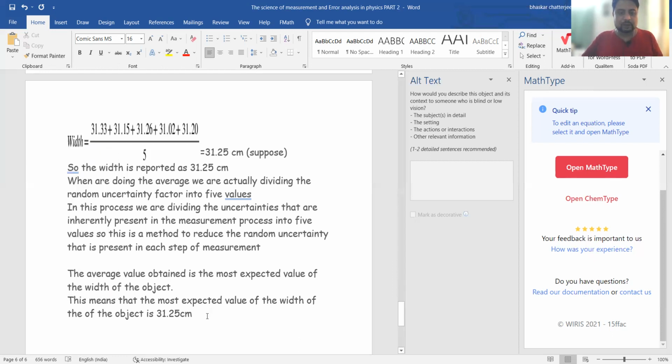Then again, this value is most likely to occur, though it cannot be said to be the most exact value.